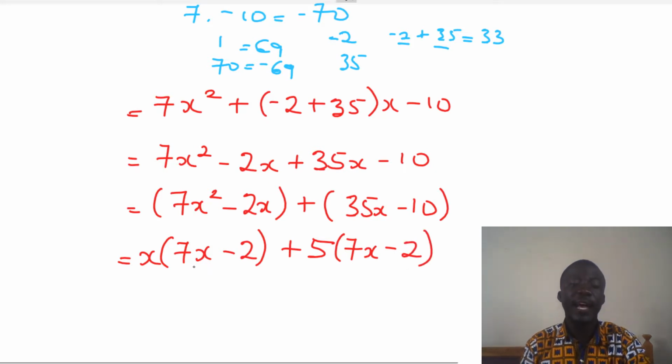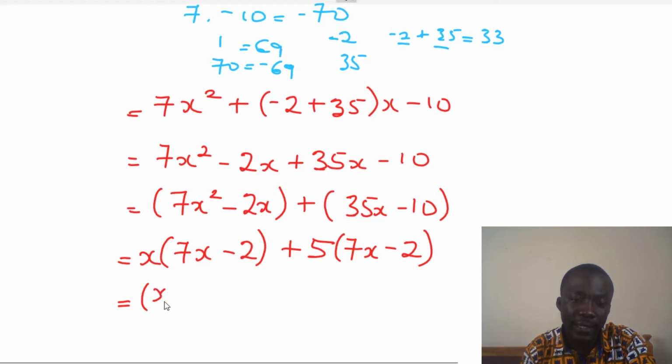Now we can see that the contents of our brackets are equal, so we can say that we are on the right path. Assuming after this factorization they are different, then there is something wrong with our factorization. So we can write the factors outside the bracket as x plus 5, and pick 7x minus 2 inside the bracket.